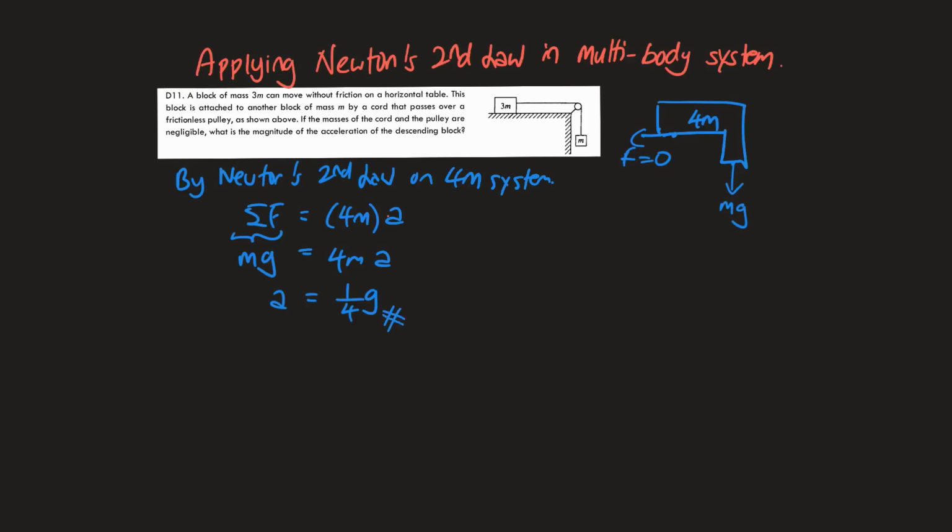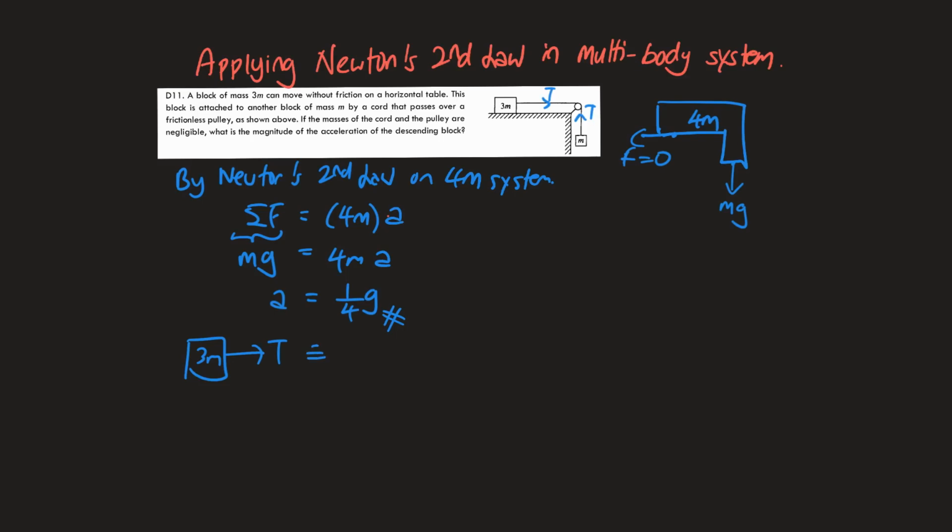Now I can extend this question to figure out what is the tension force in the string, and that can be done very, very easily by either looking at the 3m mass or the 1m mass. So if I look at the 3m mass, the only force acting on the 3m mass is the tension force.